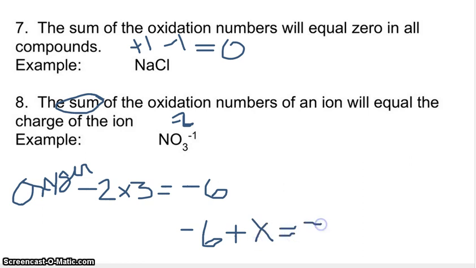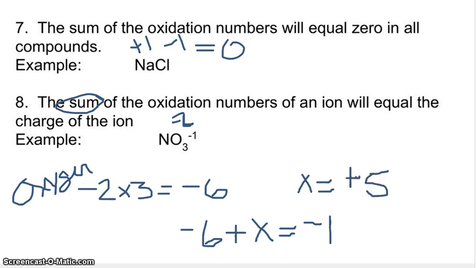The charge of our ion is -1. So if we know we have -6 coming from oxygen, and X is going to be the one nitrogen value, -6 plus X gets us -1. So in this case, nitrogen is going to end up having an oxidation state that is +5.